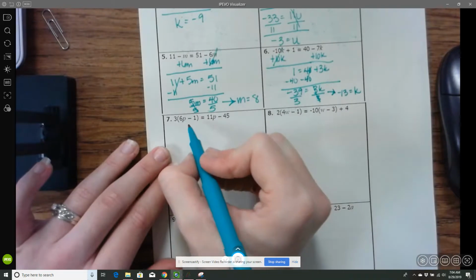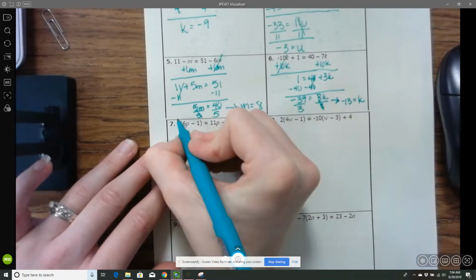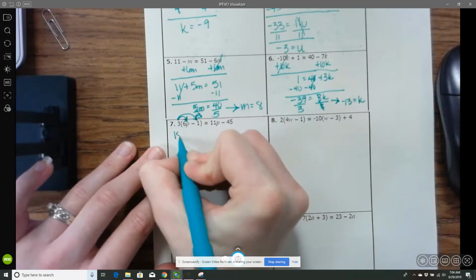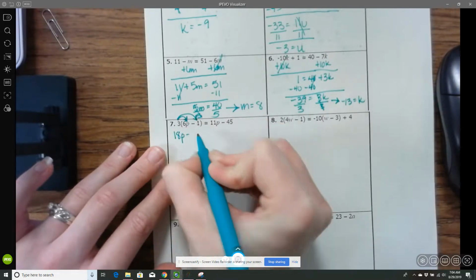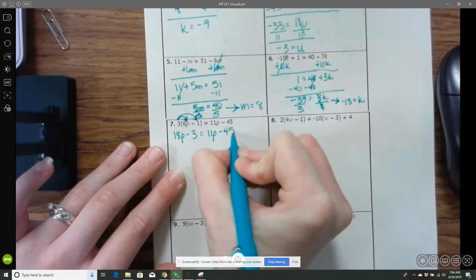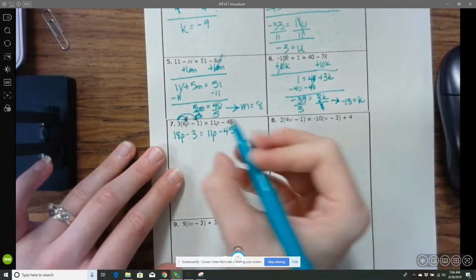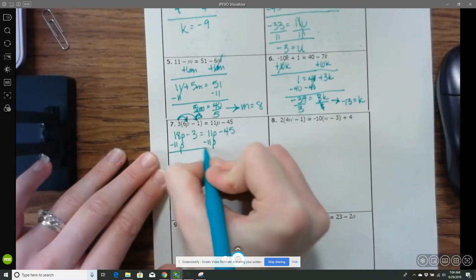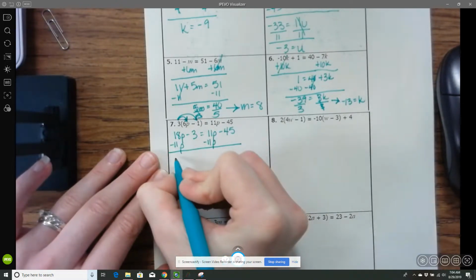All right, so here's one where I'm going to have to distribute. So 3 times 6p would be 18p. 3 times -1 is a -3. I don't have to combine like terms, and now I can just keep working the same steps. Get all the variables together.